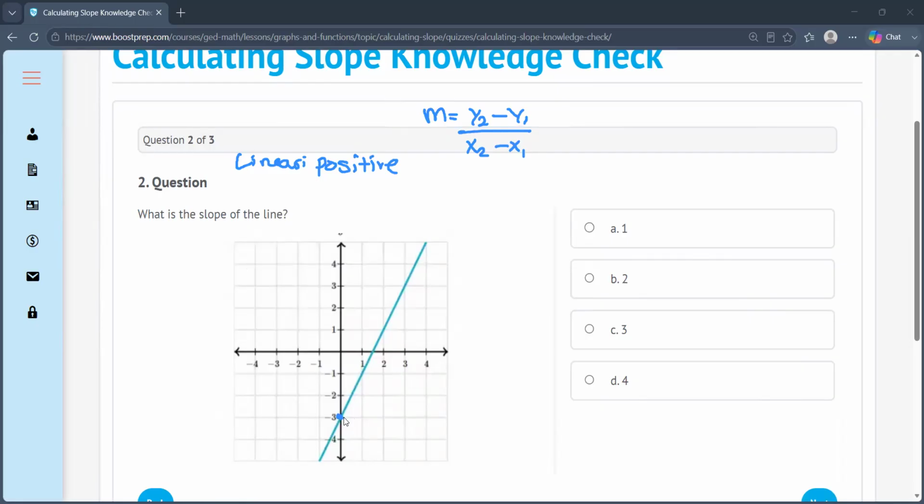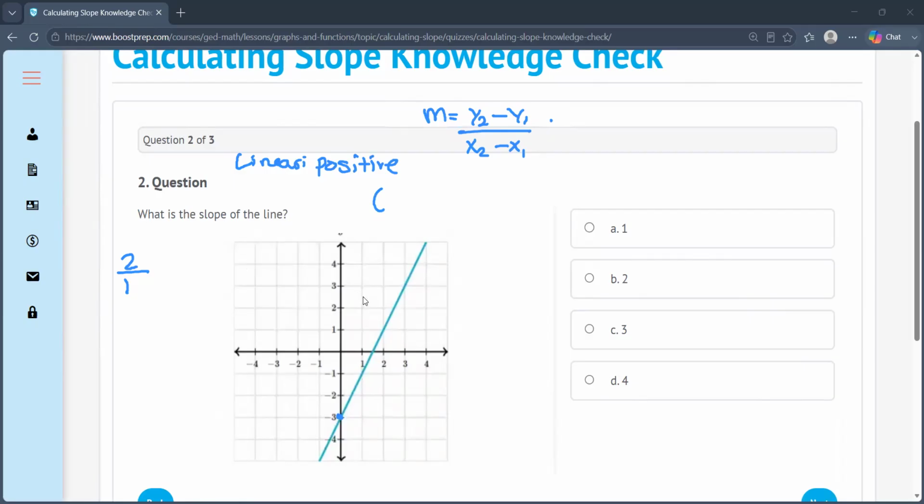At -3, you rise 2, positive 2, and then you run 1 to the right. If that confuses you, just pick two random points and use the formula.